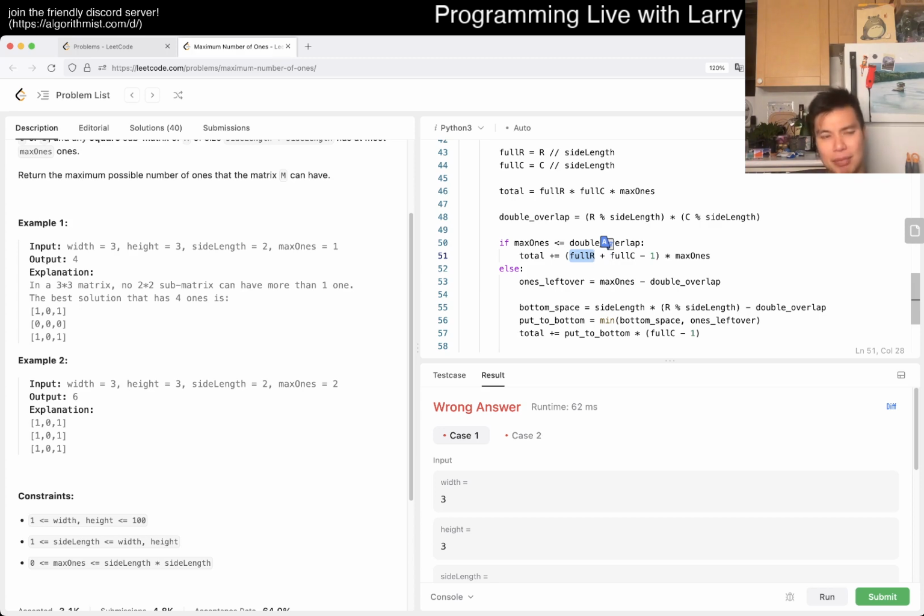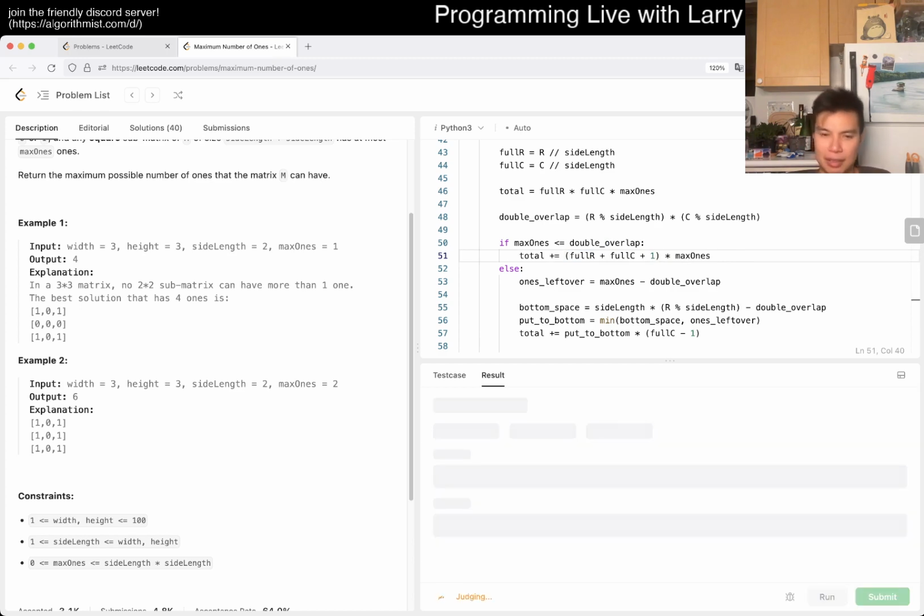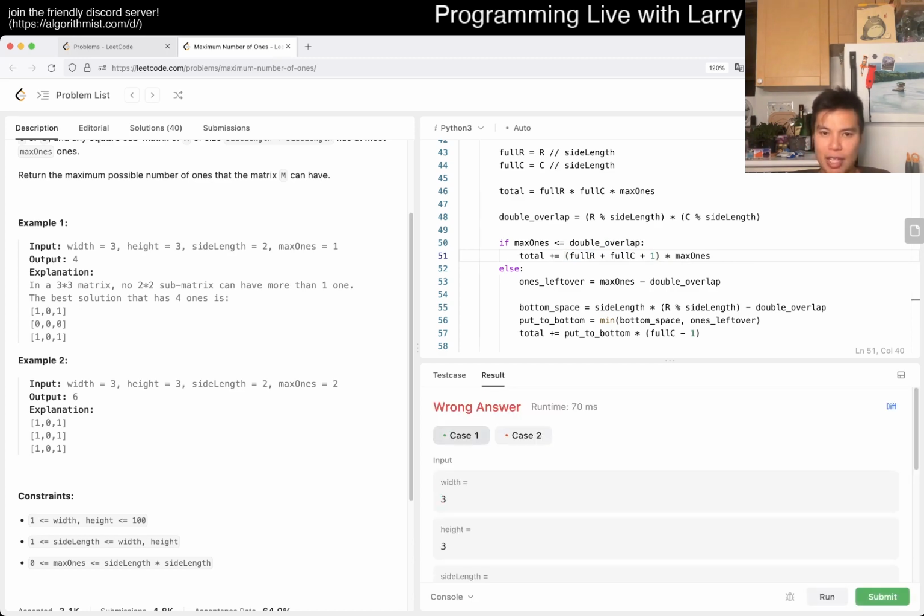So we have 1 plus... Oh, no, there should be 2. We have to round up because we don't count the overlaps. Or this doesn't count the overlaps because... Yeah. So we don't have to subtract 1. In fact, we add 1 because now we count the overlap extra. Okay, yeah, we got that one fine.